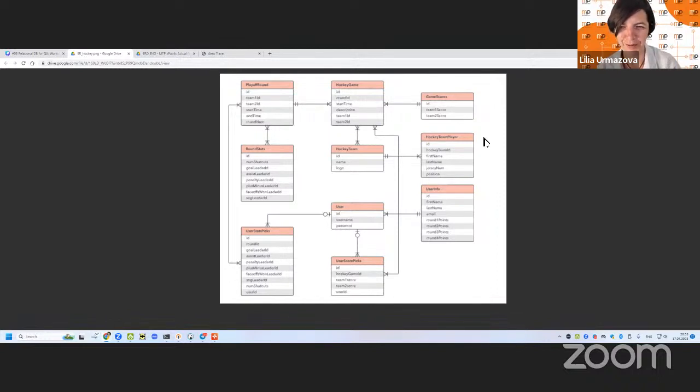And this is a normal situation. Maybe somebody already opened our educational database and could tell me where you have seen the same situation in this database.